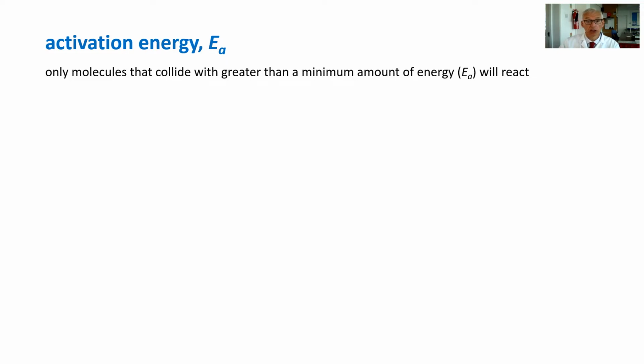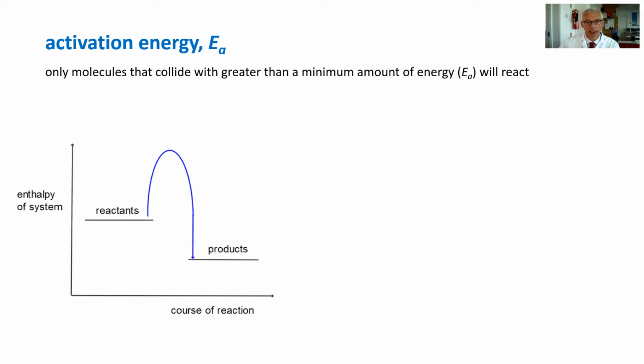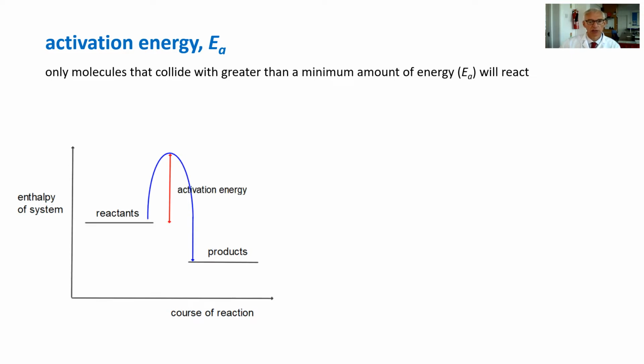So let's look at where we might put that into an enthalpy profile diagram. And we can see here that we've got a classic example for an exothermic reaction. And where would the activation energy be placed?